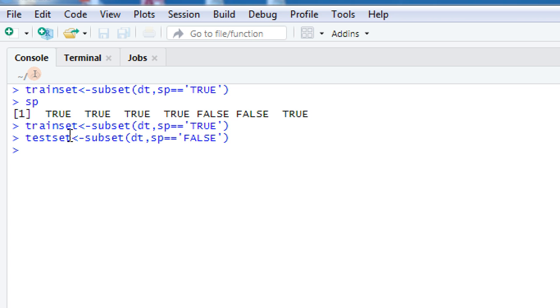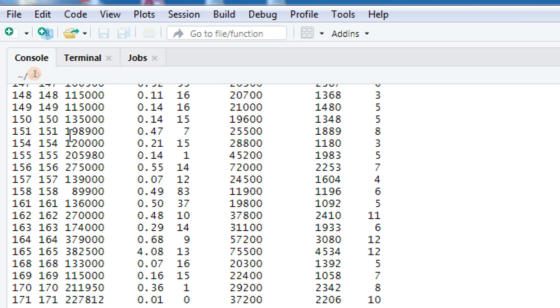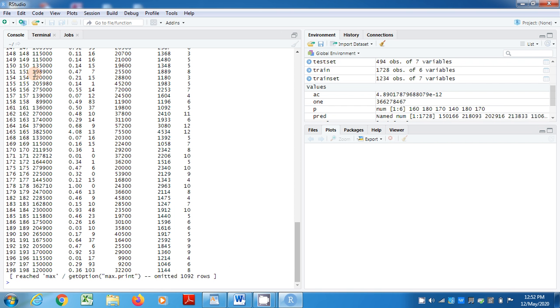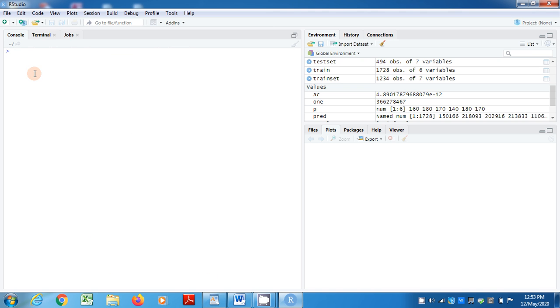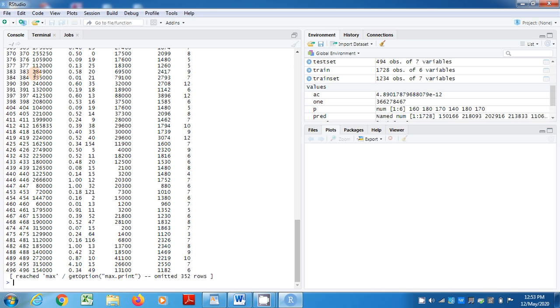So I have the train set, where 80% of the data is available, and the test set, where 20% of the data is available.